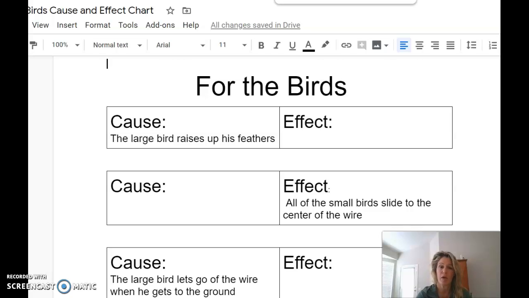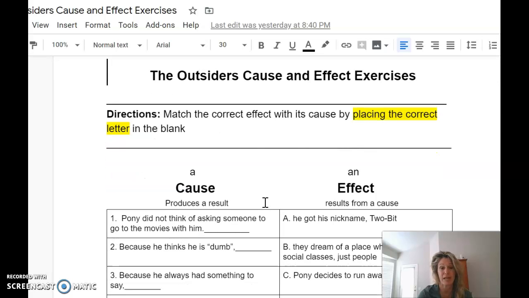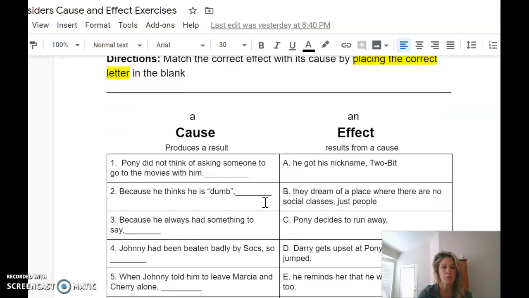Then after you do that, the next thing to do is the Outsiders cause and effect exercises. And you'll need to read the chapters before you tackle this. But once you do that, I think you'll find it very, very reasonable.